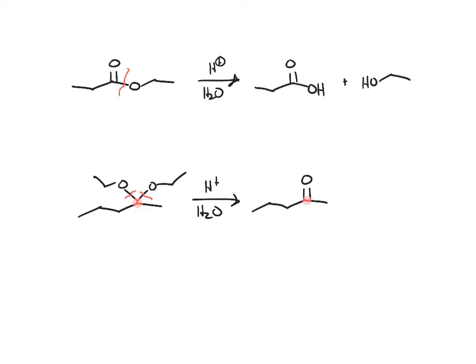So that's that carbon. And then these OR groups come off as alcohols, so ethanols. Since it's the same thing, you could get away with just drawing one, but if you want to be nitpicky, you could draw both of those alcohols that come off.